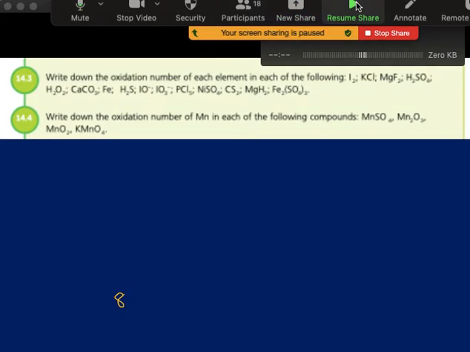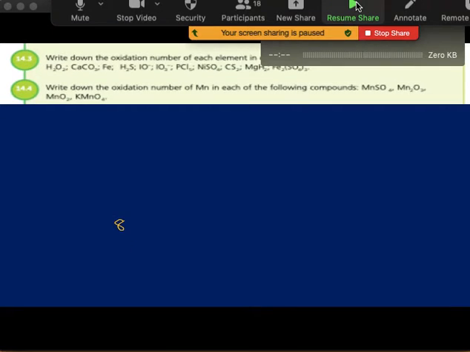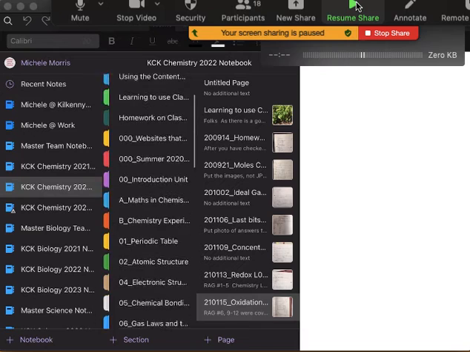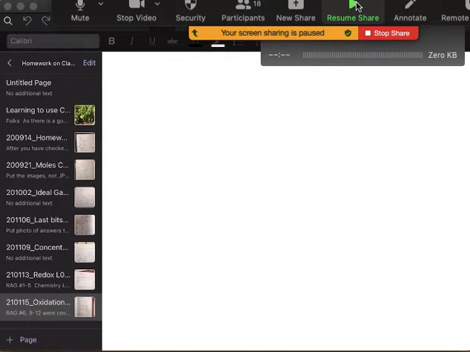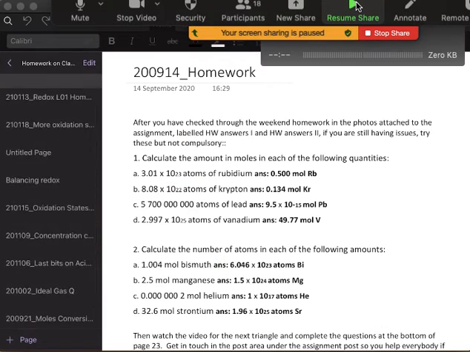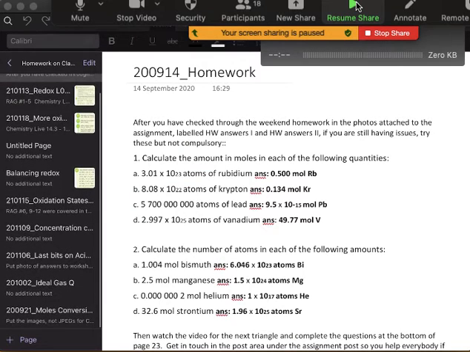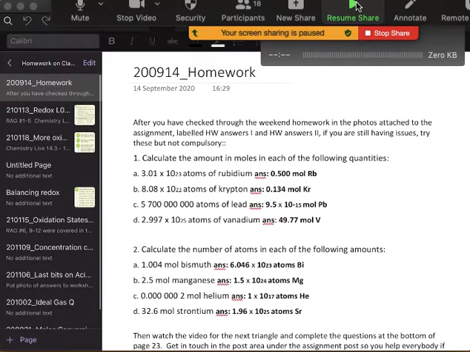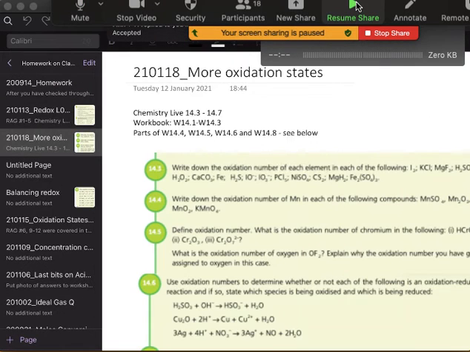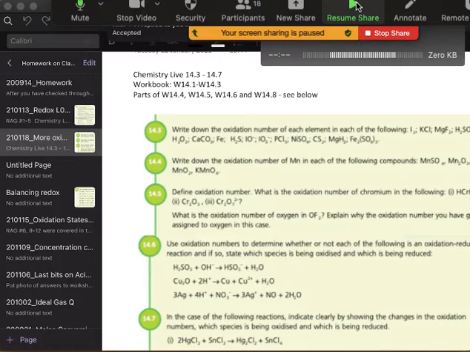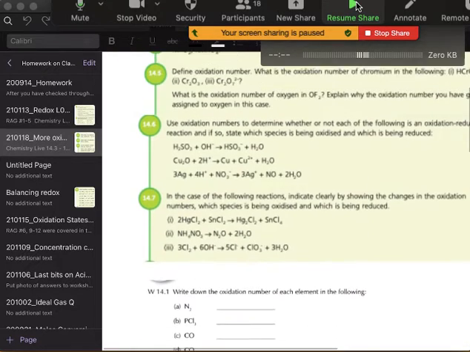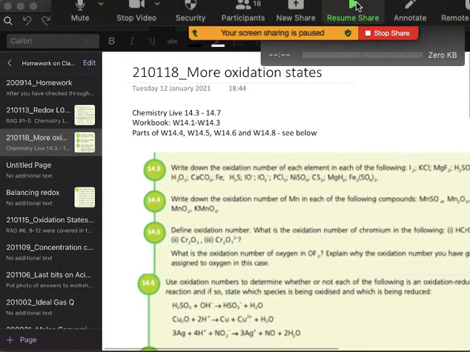Gonna pause for share. So in Chem Live, you're going to go all the way up to 14.7. If you're waiting.